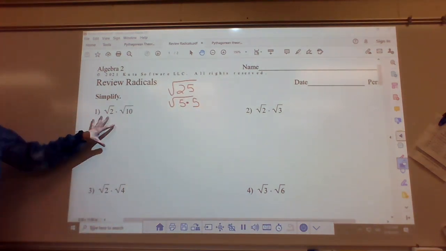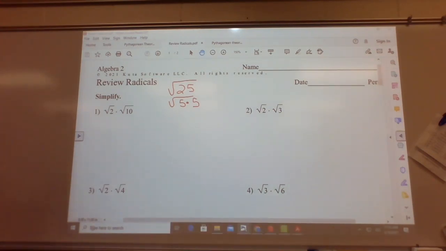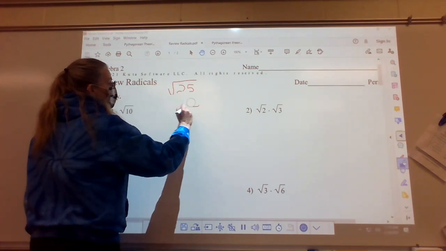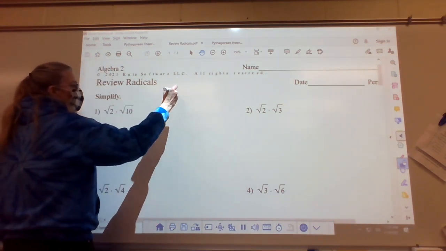So that's basically what we're going to be looking at when we're multiplying radicals: what can I simplify by taking it out. So, in through here, I'm going to put some steps because I've got room to write.